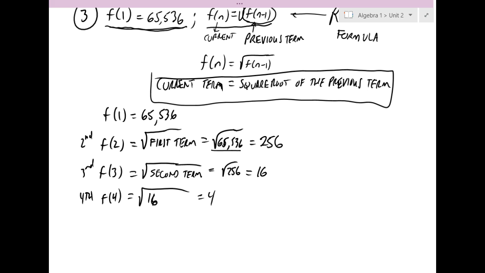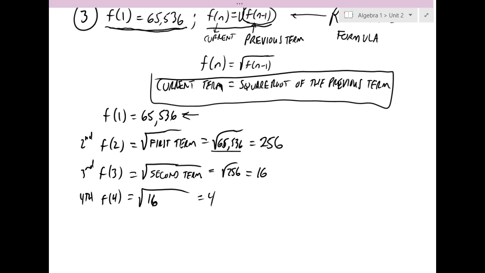So if we're given that the first term is 65,536, then the second term is going to be the square root of that, which is 256. The third term is going to be the square root of that, which is 16. And the fourth term is going to be the square root of that, which is 4. Okay? So it follows that pattern.